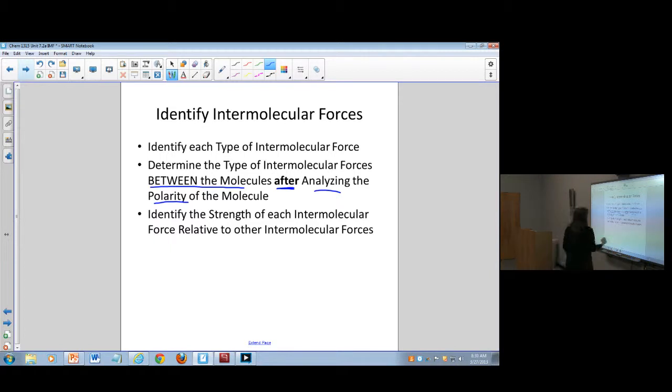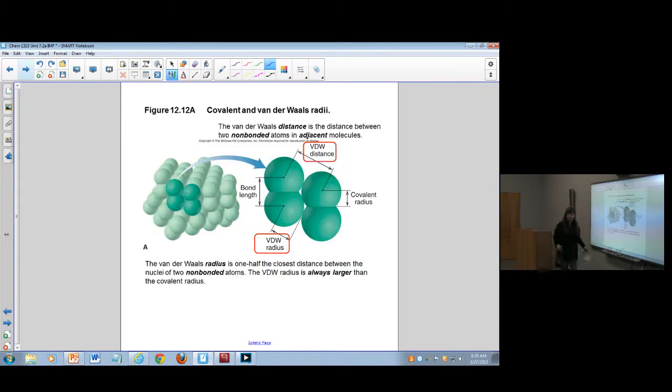Well, when it's ionic, it's usually pretty easy to see. So most of our time will be spent on deciding about polarity of covalent bonds. And then we can identify how strong the intermolecular forces are relative to each other.